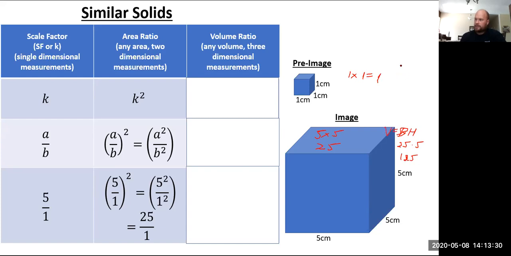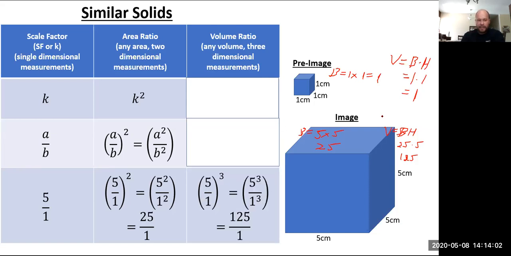So same thing up here for volume. Again, base area times height, and this value that we got here was for base area. Same thing down here. So plug it in, 1, and then the height on this one was also 1, so it's over 1. And we have 125 for our image volume and 1 for the pre-image's volume.